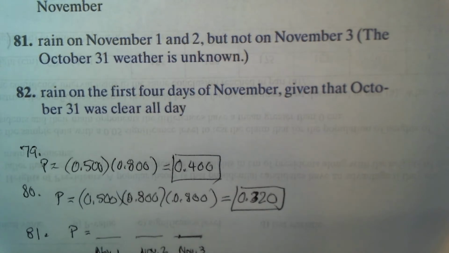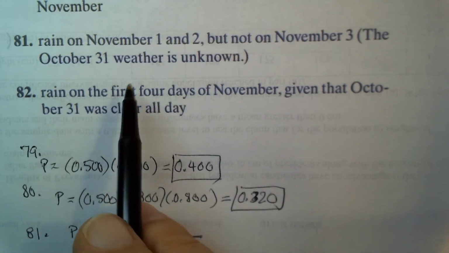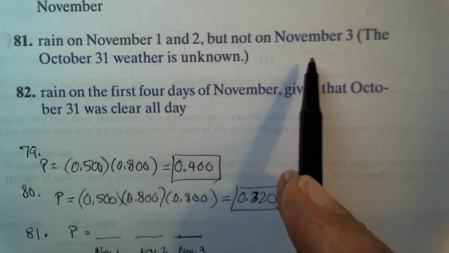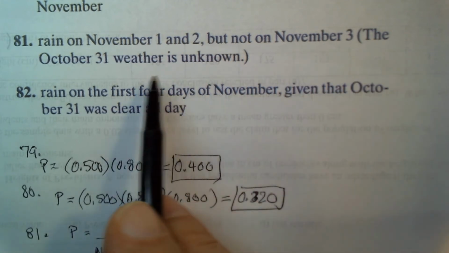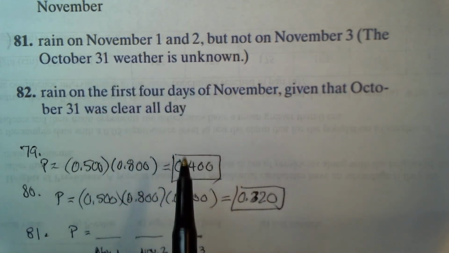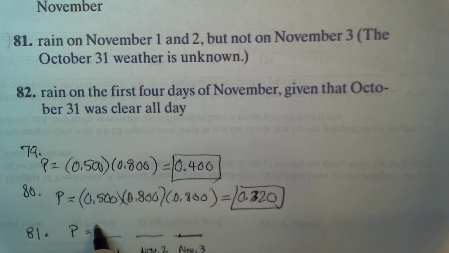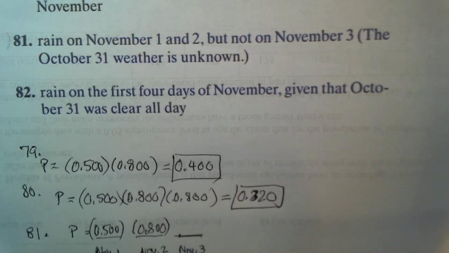Okay, for number 81, rain on November 1 and 2, but not on November 3, and then there's a comment, the October 31st weather is not known. So we're going to assume that this is an unconditional probability of rain, 0.500. Now for a rainy day, that probability is 0.800. And now for not rain, the probability of not rain is 1 minus the probability of rain.